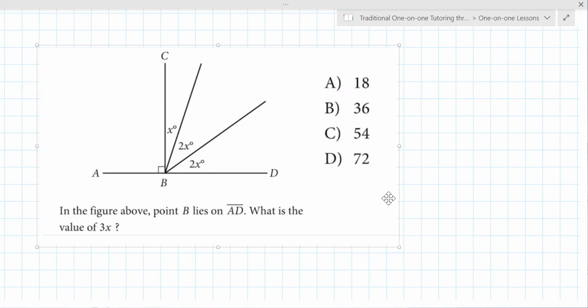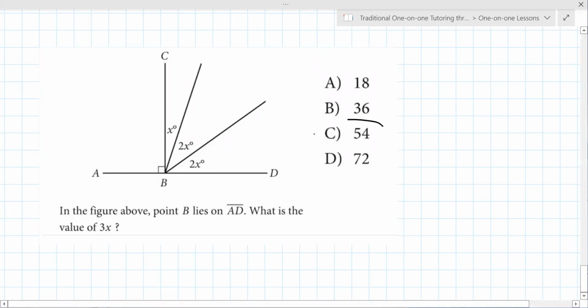X equals 18. 18 times 3 is... I have no idea. 3x equals 54. Yes, that is the correct answer.